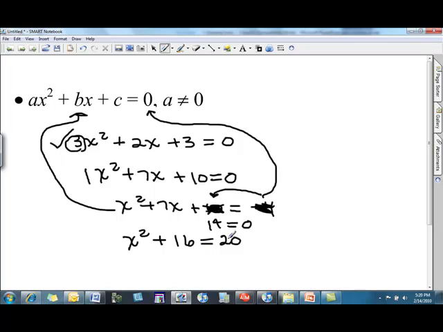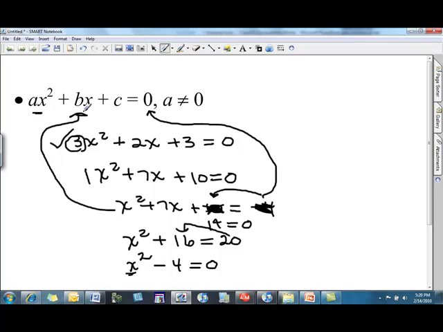This one, again, is not equal to 0. So if I bring the 20 over, I get x squared plus 16 minus 20. 16 minus 20 is minus 4. It's now in that format, but some of you would say, doesn't look like that format to me, because in the format, I have an x squared, which I do have here.